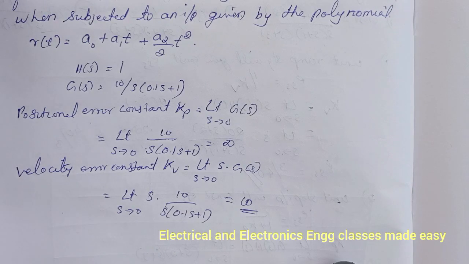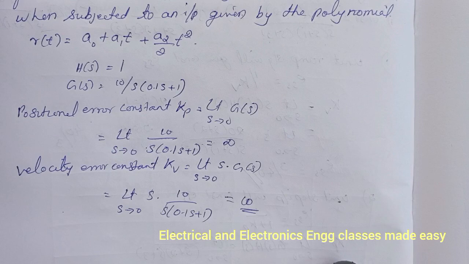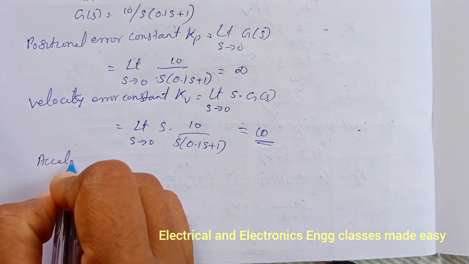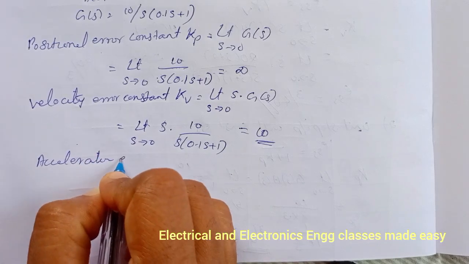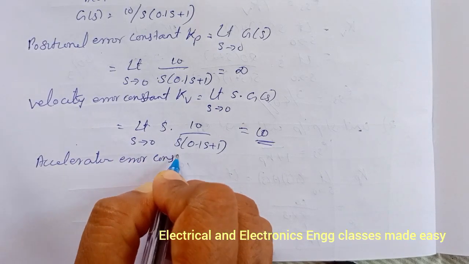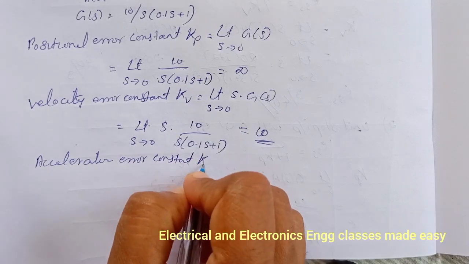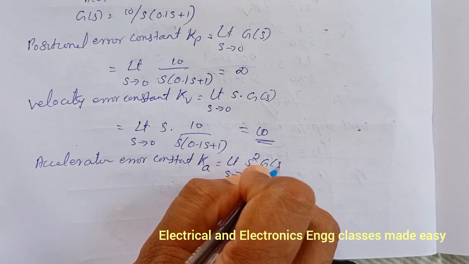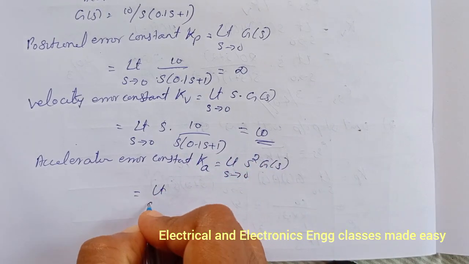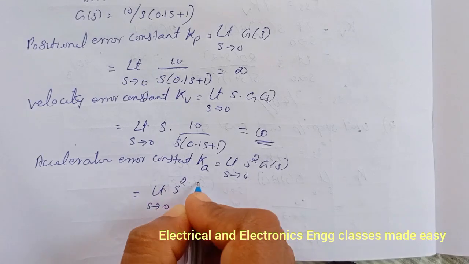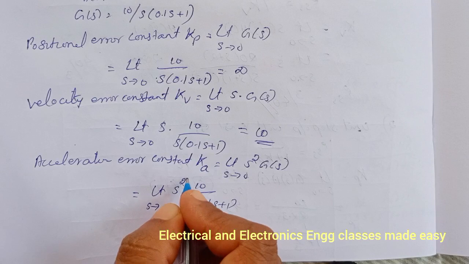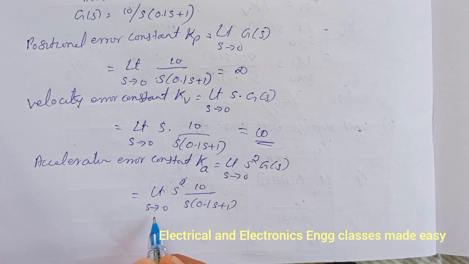Next is acceleration error constant. Acceleration error constant Ka is equal to limit s tends to 0 of s² G(s), and that is equal to limit s tends to 0 of s² into 10 / (s(0.1s + 1)), and one s we can cancel, and after applying this limit we get 0.